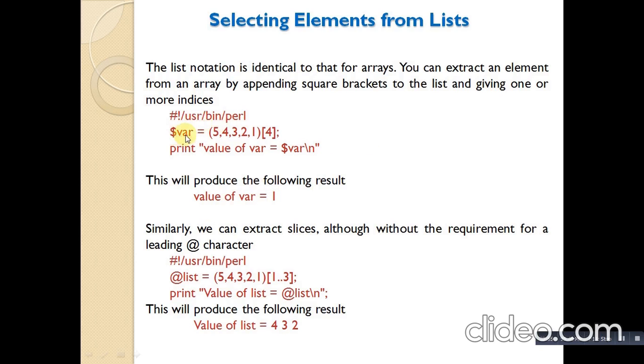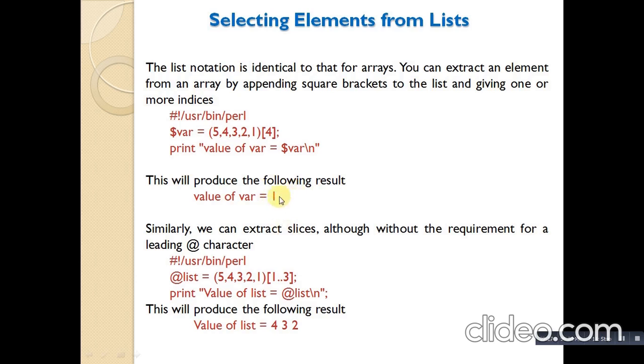Dollar symbol var equals 5 comma 4 comma 3 comma 2 comma 1, and after that I am using square bracket and 4 as the index value. When var is printed, it will display 1.